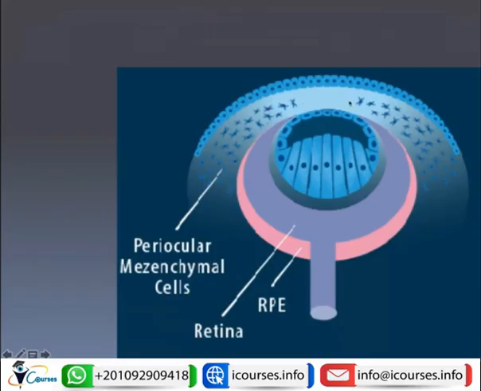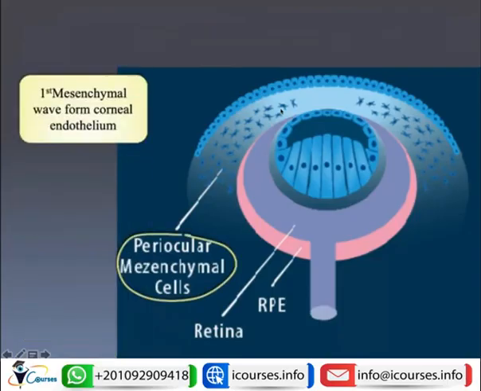These mesenchymal waves will undergo atrophy in the area between the endothelium and the iris, which is formed from the distal part of the edges of the optic cup. So this will lead to development of the anterior chamber.